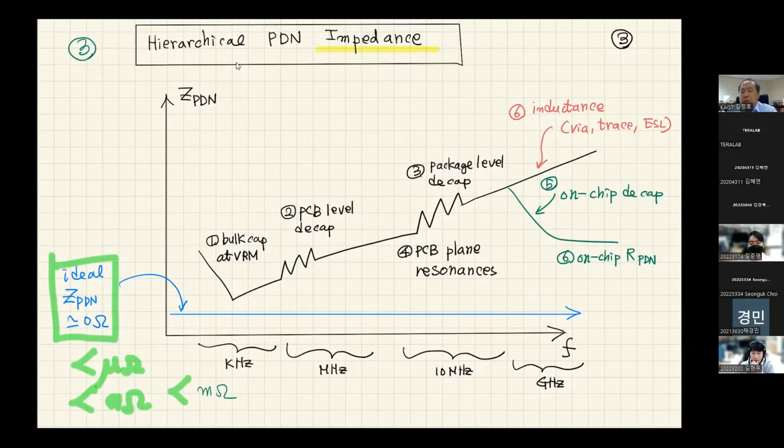That's why I think 50 ohm impedance matching is the beauty of our interconnection design. But when we are designing PDN impedance, we are being pressured to be happy for 99.999% of the time. Psychologically and biologically, it is impossible unless we have a drug or cocaine.